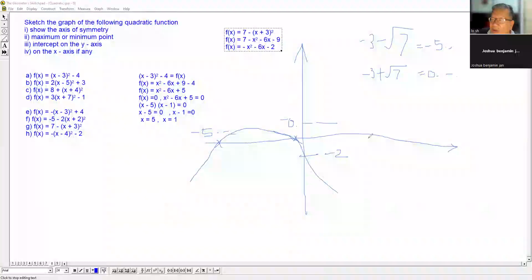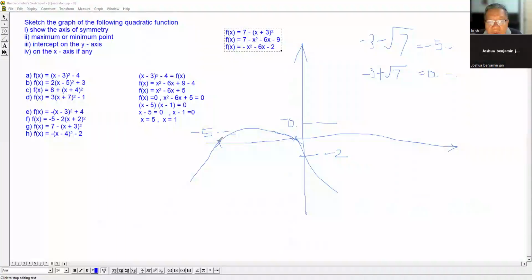Can or not? First of all, you look at the value of C, then you know where it cuts. But you have to look at the A first, whether it's the N shape or the U shape. After that, you know where it cuts the x-axis and the y-axis, then we can draw that.